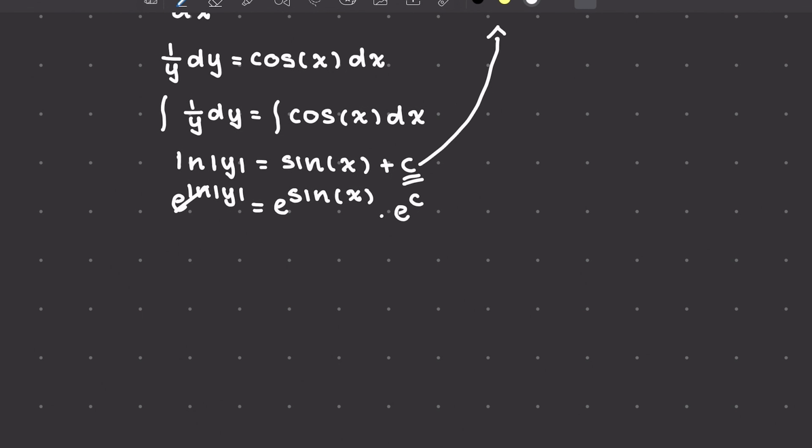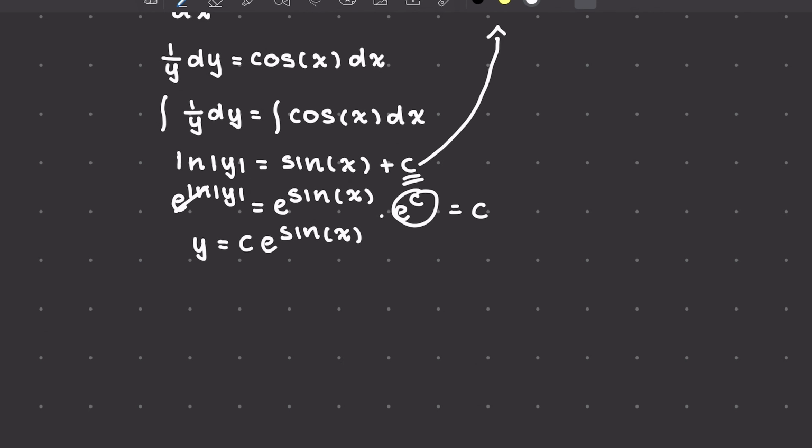And so we can cross out this. Oh no, we cannot cross out this part. This part stays. We get y equals, and then on the right side e to the c will still be a constant. So we will get a constant times e to the sine of x.